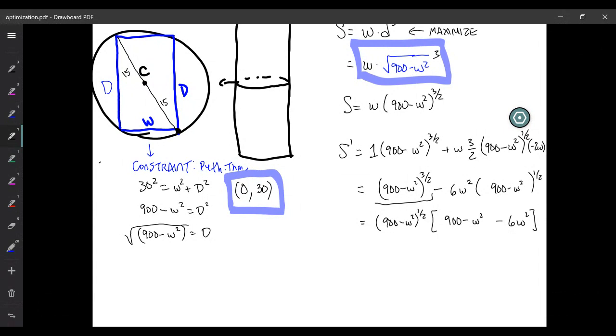Let me make sure I'm doing this correctly. Oh no, it should just be a 3/2. I forgot that denominator. So in this case, this 2 and this 2 cancel each other, so you get a negative 3W squared.